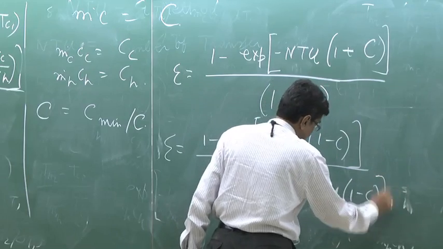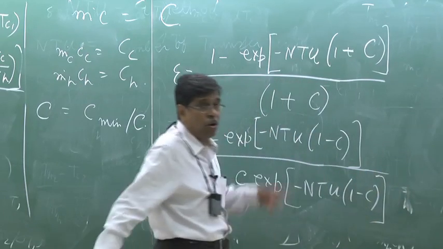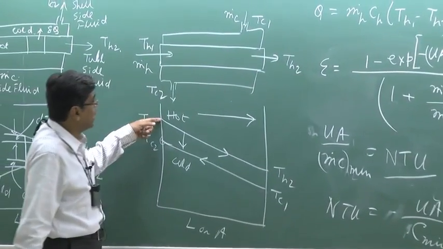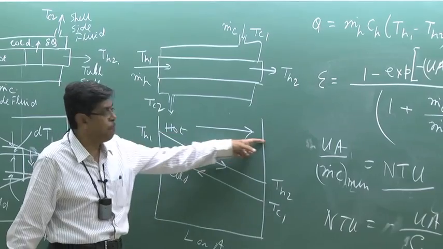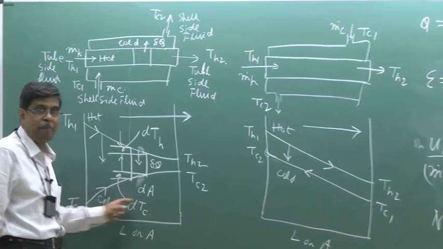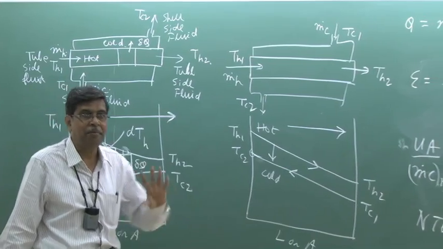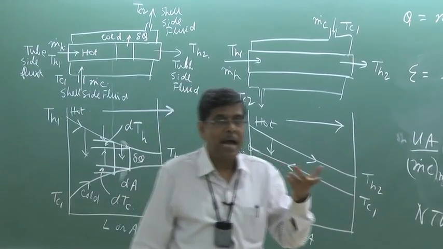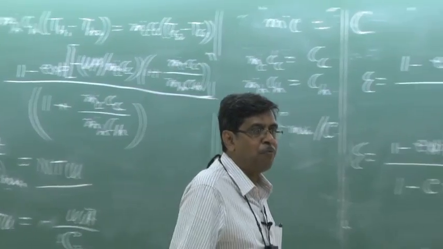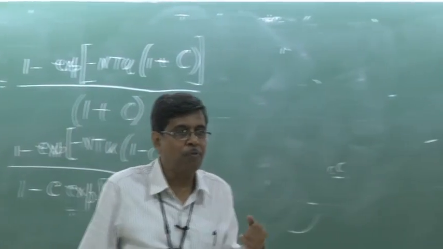Now you see that in condensation and boiling, I told you one of the fluids will be on a parallel line. In case of condensation, the hot fluid is a parallel line. In case of boiling, the cold fluid is a parallel line. And parallel line means temperature does not change. I told you qualitatively that counter flow and parallel flow remain the same.